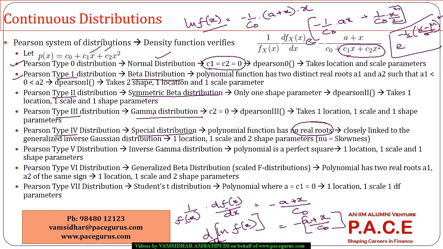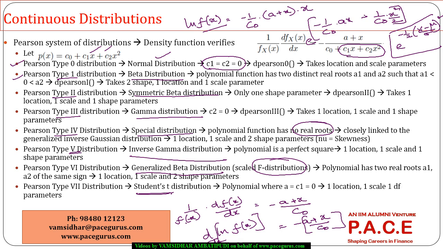So these are the parameters in the formula that we are going to take. Then Pearson type 5 is called the inverse gamma distribution. Type 6 is generalized beta, otherwise called the scaled F distribution. And type 7 is the student t distribution.